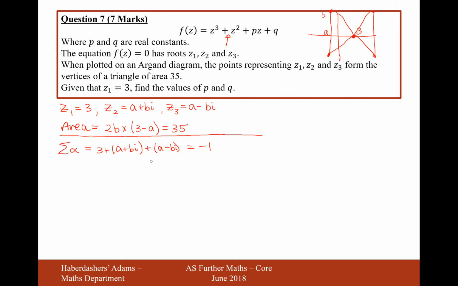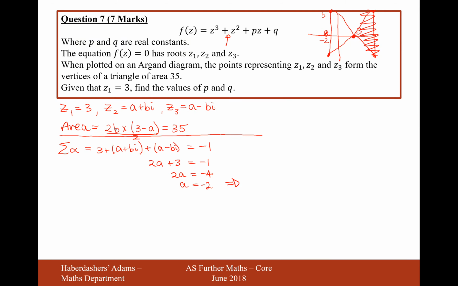So when we add all this together, we're going to get 2a, the bi's cancel out, plus 3 equals minus 1. So subtract that 3 over to the other side, you get minus 4. So a is minus 2. So now we definitely know that a is the left-hand side one at minus 2, and it's not the right-hand side one. So the triangle is definitely positioned here.